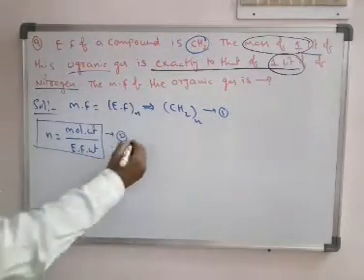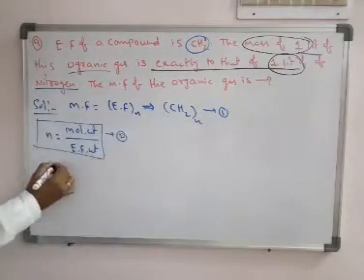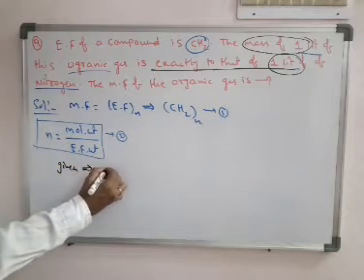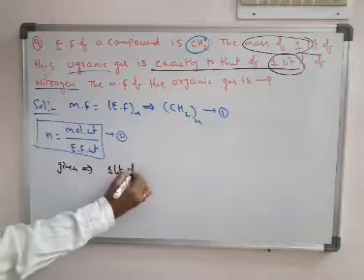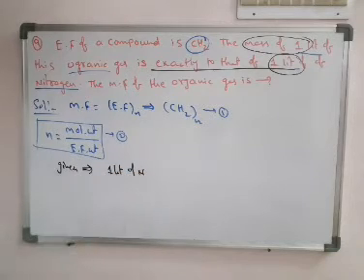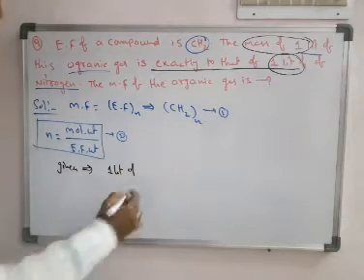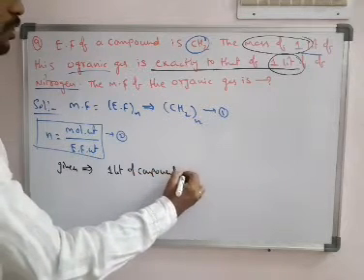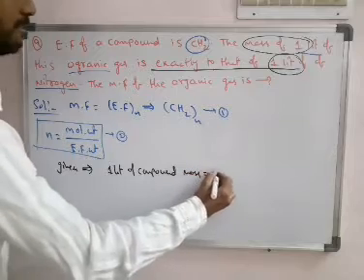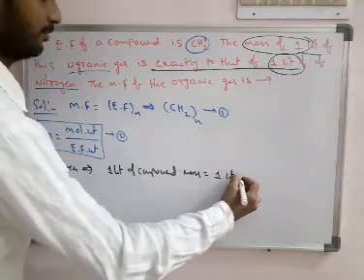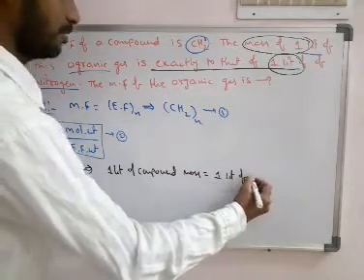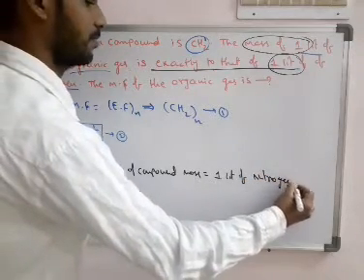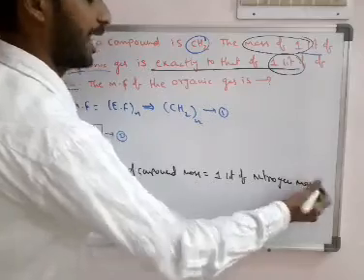So given: 1 liter of organic compound mass equals exactly 1 liter of nitrogen mass.